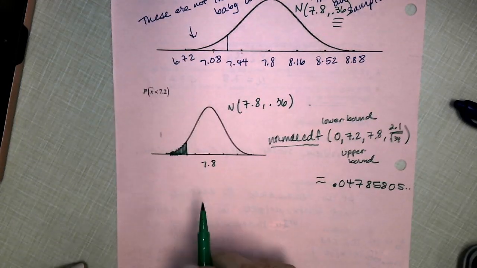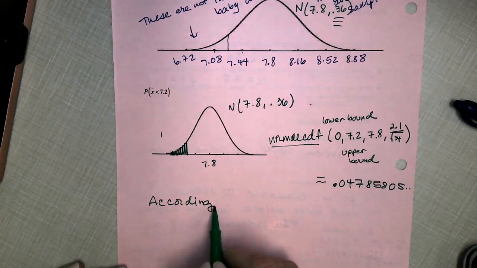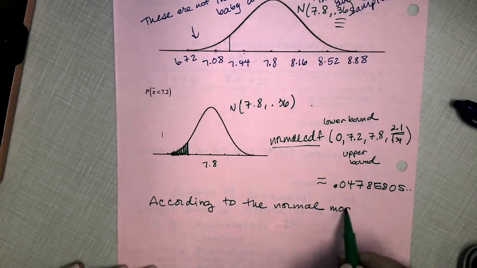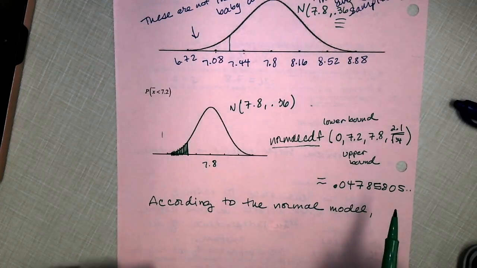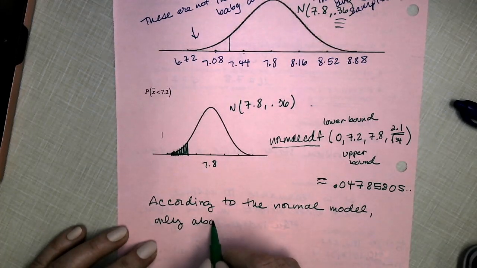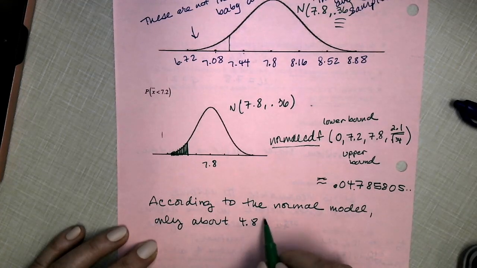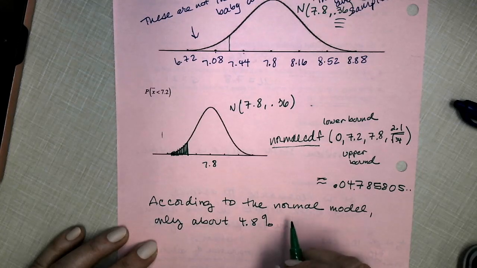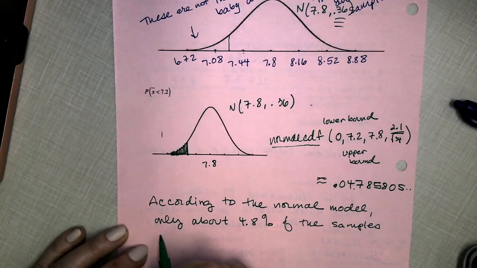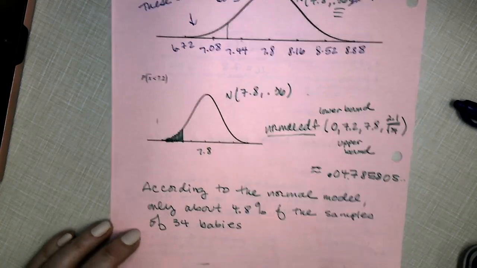So what do we want to say now? According to the normal model, only about 4.8%, I'm just going to round here, of the samples, not of the babies. So context, right?